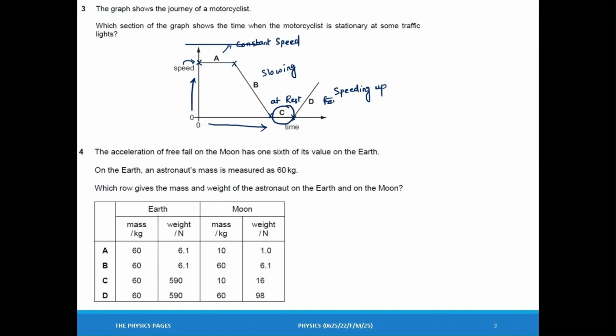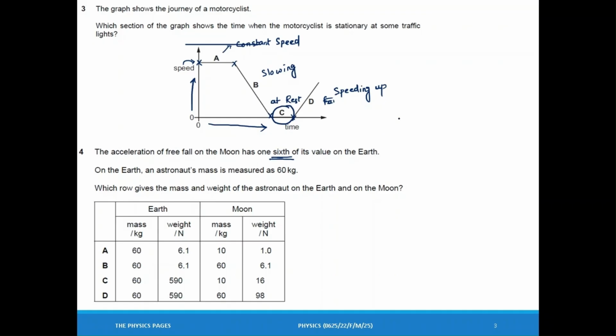The question number 4 says acceleration of free fall on the moon has one sixth of the value on the earth. So acceleration of free fall means gravitational acceleration, or g.